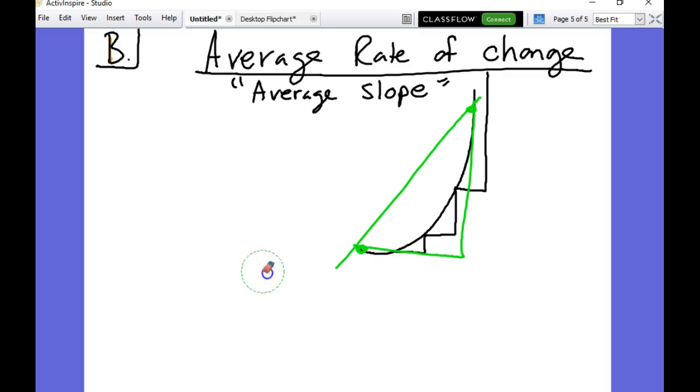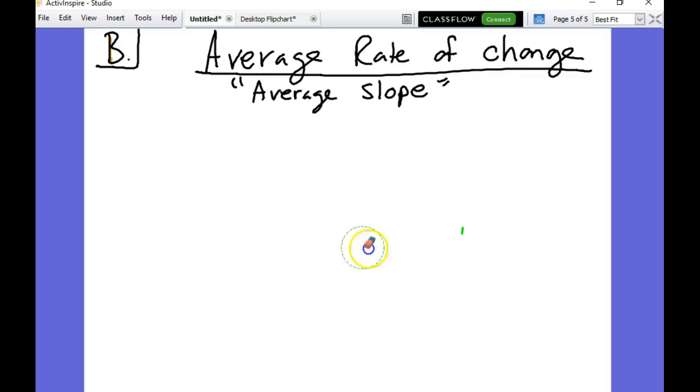So now we will draw a picture. Let's go ahead and draw the one we just had there. Let's say that we have a function, f of x equals y.